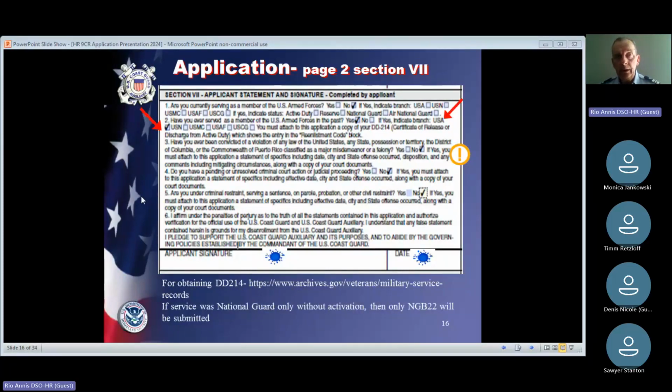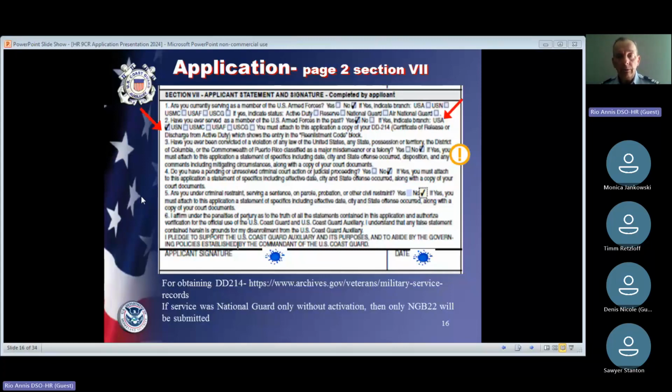I've had one where somebody, 10, 20 years in their past, had 2, 3 DUIs, and they submitted the documentation. They wrote a nice letter about how their life changed and all the progress they made through education and such since then, and they were accepted as a member. So you never know.